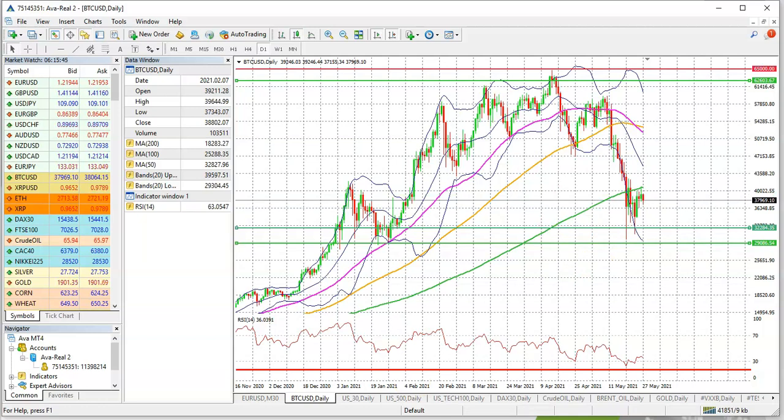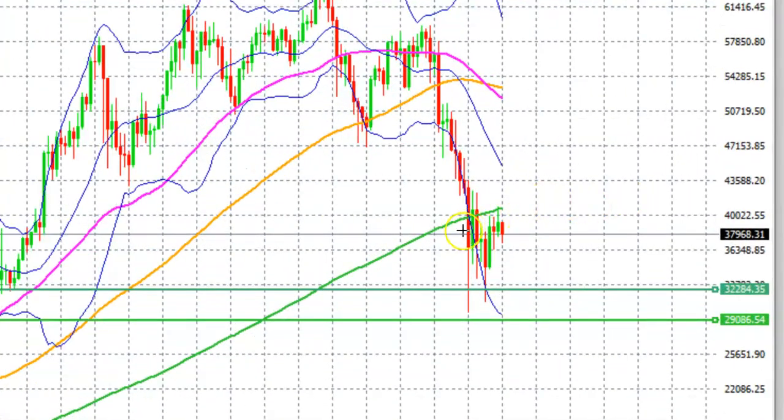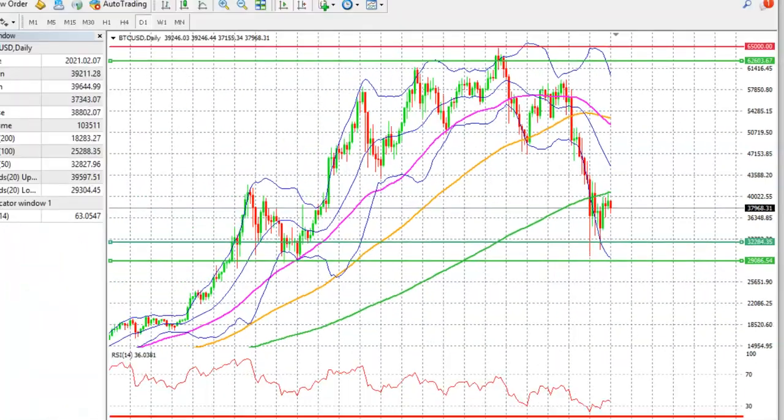So we were talking about the price challenging the 200-day simple moving average, as it did yesterday. And we talked about this particular element: if the price fails to break above the 200-day simple moving average, and if it fails to stay above the 200-day simple moving average, then all bets are off in relation to the upward move for Bitcoin.